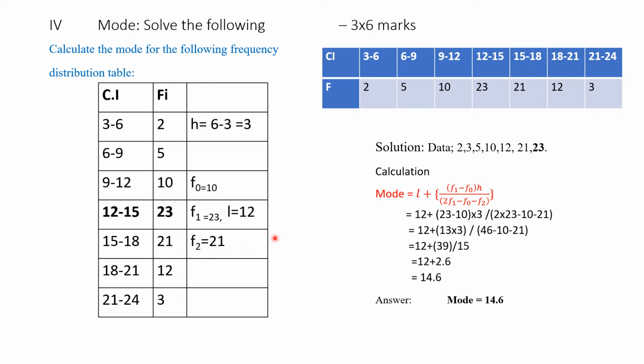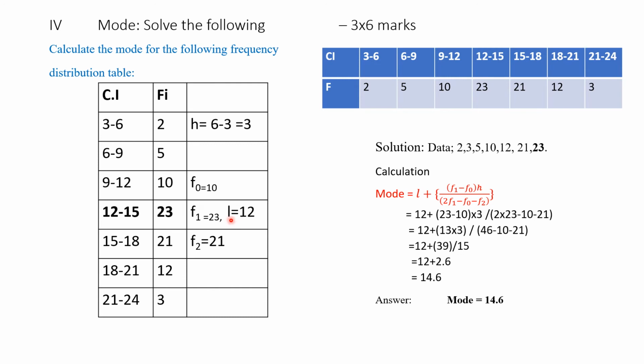Please note the steps in calculating this mode. First step, you write the frequency in ascending order, that is 2 to 23, and mark this 23 in this vertical tabular column. This is f1, that is f1 is equal to 23, and the lower limit of f1 is 12 here.